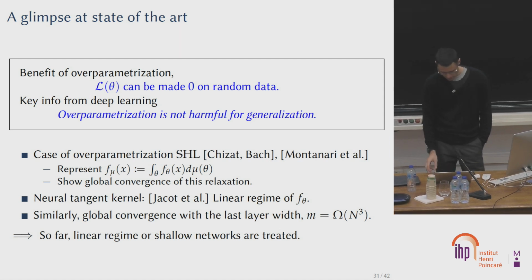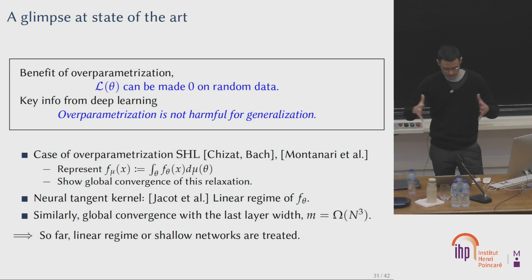And that was studied by the so-called neural tangent kernel, which is essentially a sort of linearization of the problem. They are able to show global convergence in these two cases: the case of a single hidden layer when the width, the number of neurons, goes to infinity, Chizat and Bach.